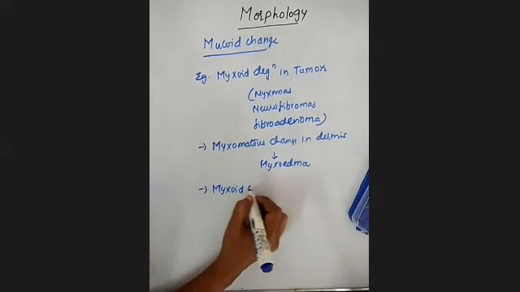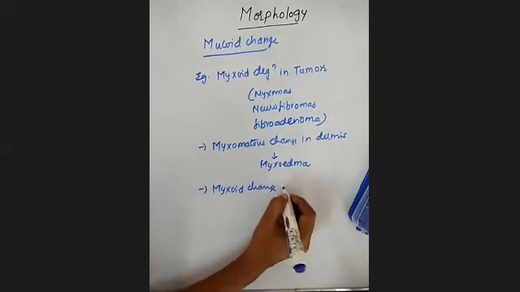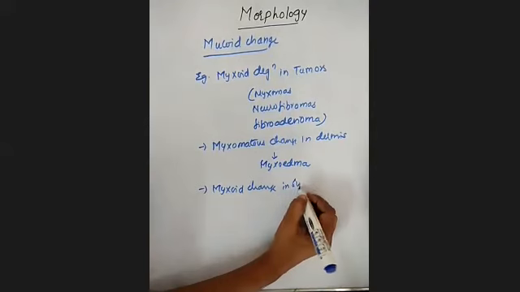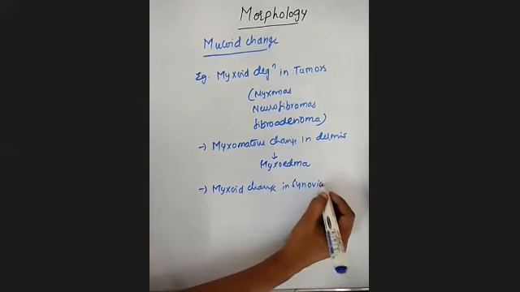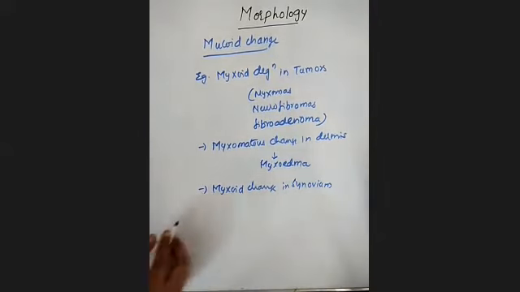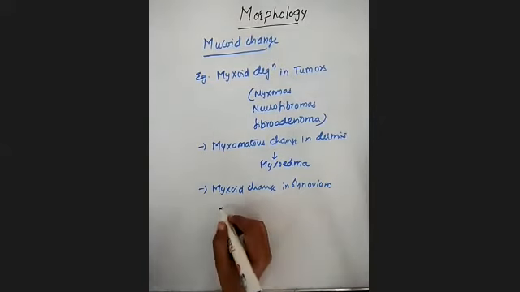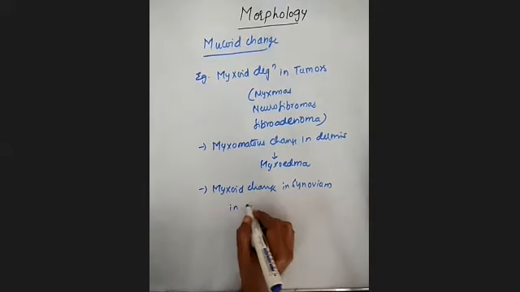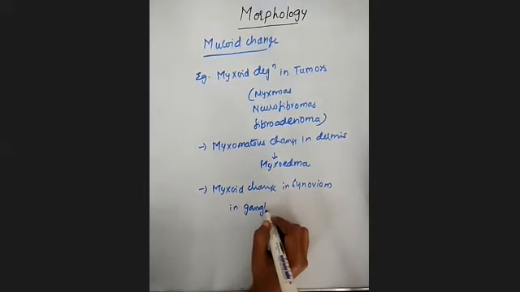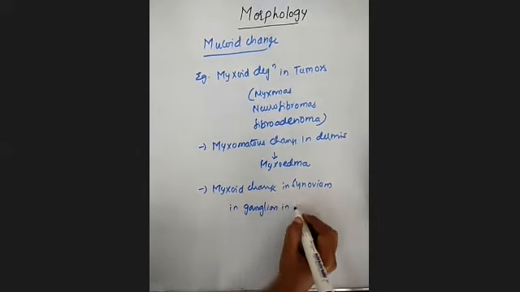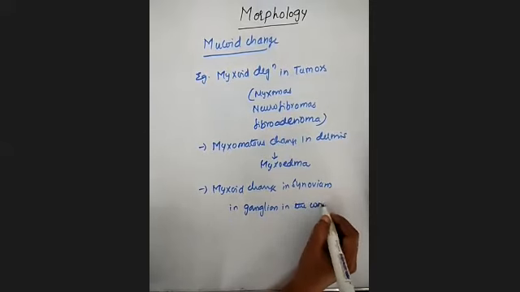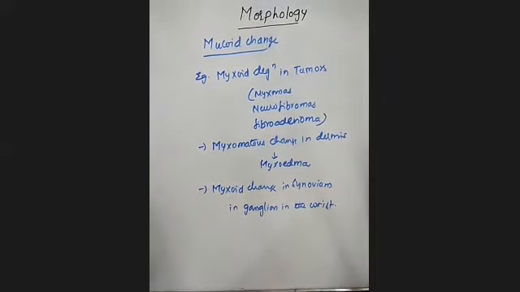Myxoid change in synovium is observed in ganglion of the wrist. These are some examples regarding connective tissue mucin.